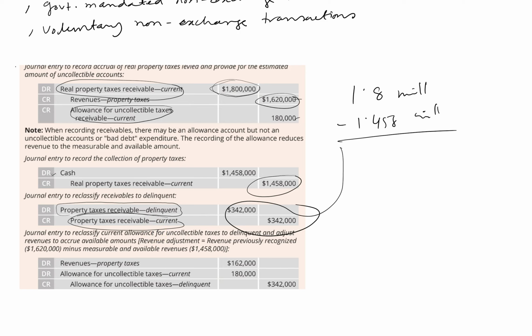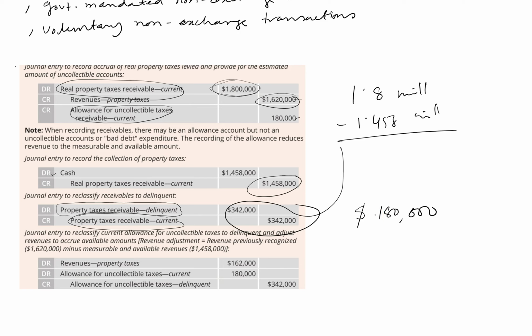Now we need to do some adjustments with our allowance for uncollectible tax. Remember, initially our allowance for uncollectible amount was 180,000. We thought at the beginning of the year that we would not be able to collect that.